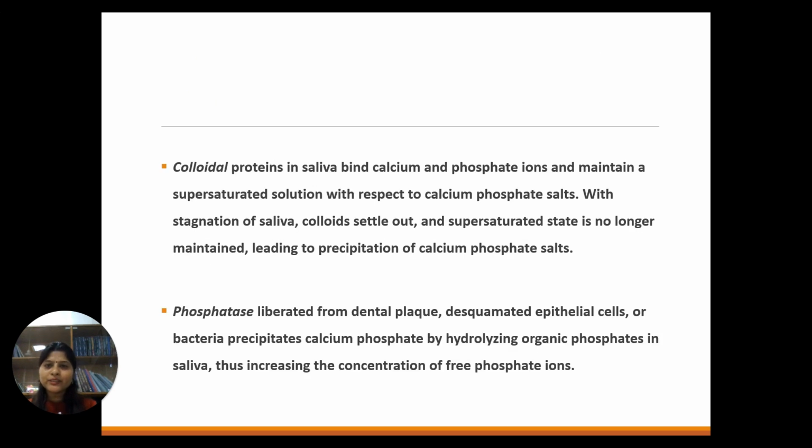Also, saturation increases when the colloidal proteins in saliva bind to calcium phosphate ions. When there is stagnation, the colloids settle down, the supersaturated state is not maintained, resulting in precipitation of calcium phosphate salts. Phosphatases, which are liberated from dental plaque, desquamated epithelial cells or bacteria, precipitate calcium phosphate by hydrolyzing organic phosphates in saliva, causing the availability of free phosphate, which is key for calcium phosphate formation, and increasing mineralization.